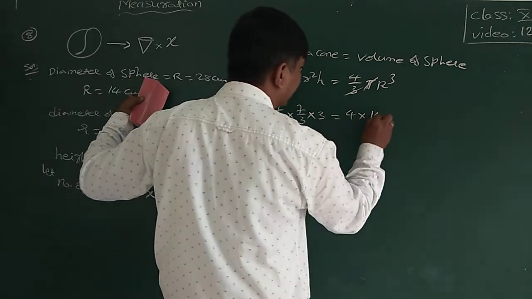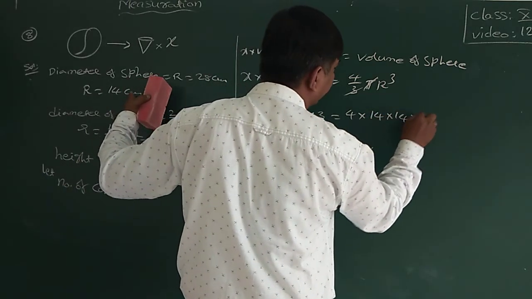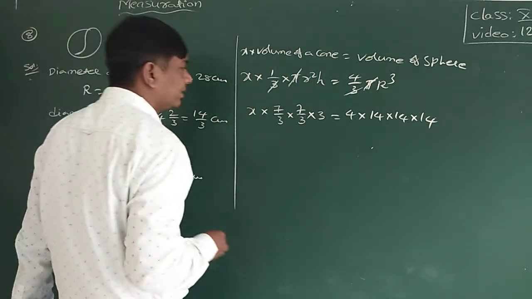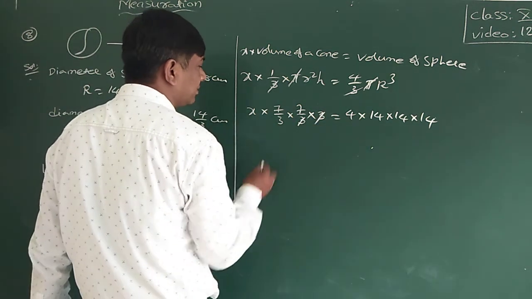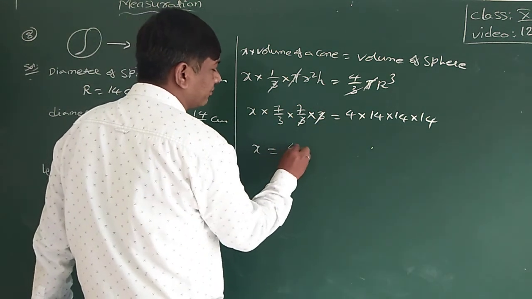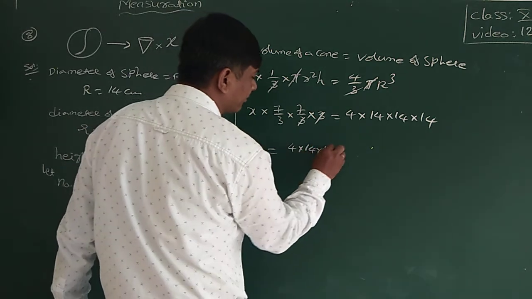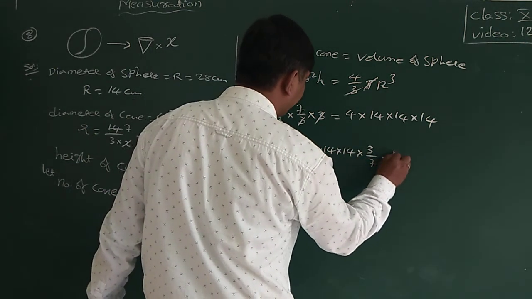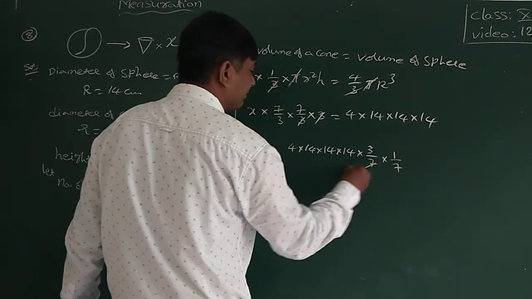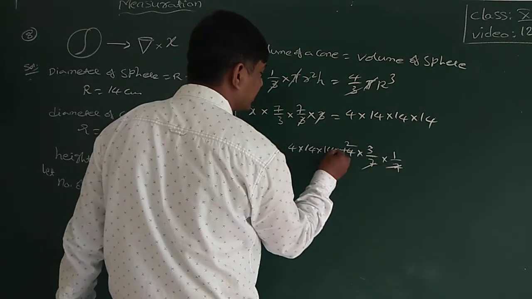R is 14 into 14 into 14. Now 3 cancels. x is equal to 4 into 14 into 14 into 14 into 3 by 7 into 1 by 7.